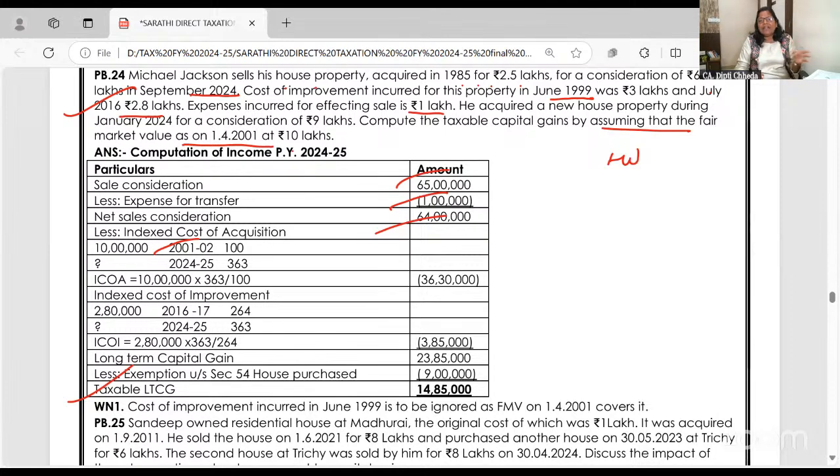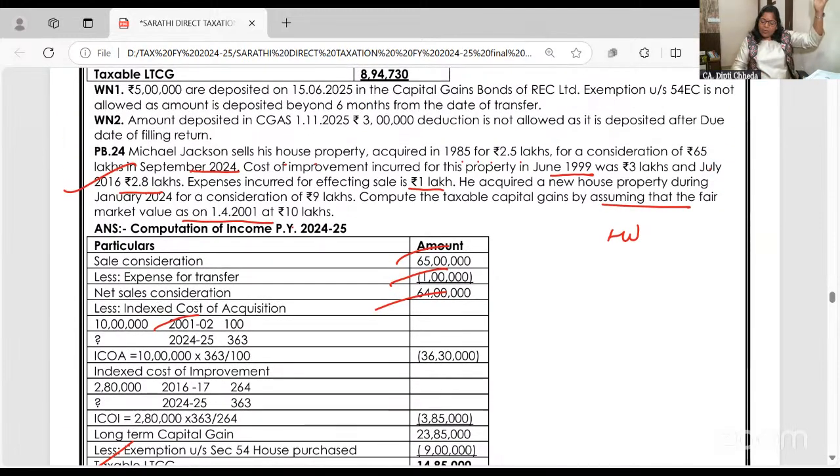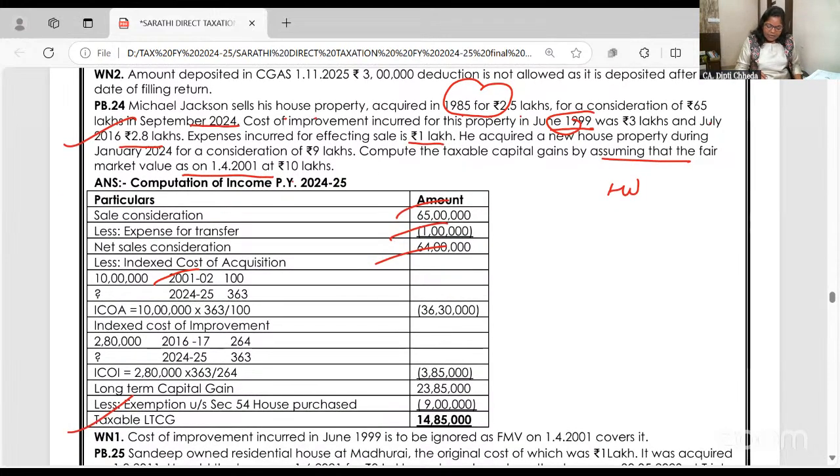In case they give stamp duty value, fair market value cannot exceed the stamp duty value. I hope you are getting. So, because the property was acquired in 85 and improvement in 99, wherein indexation was not there, we will take 2001 and 24-25. So, in 2001, the value is 10 lakhs. 100 has become 363, 10 lakhs.